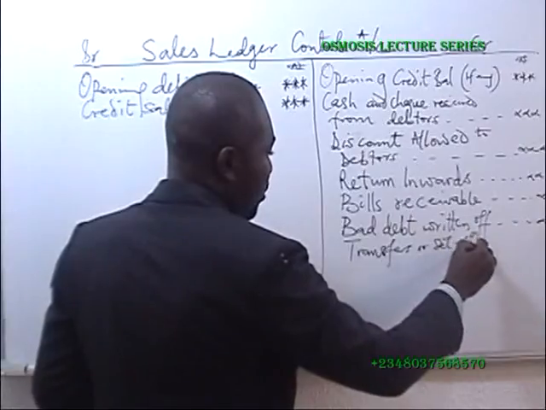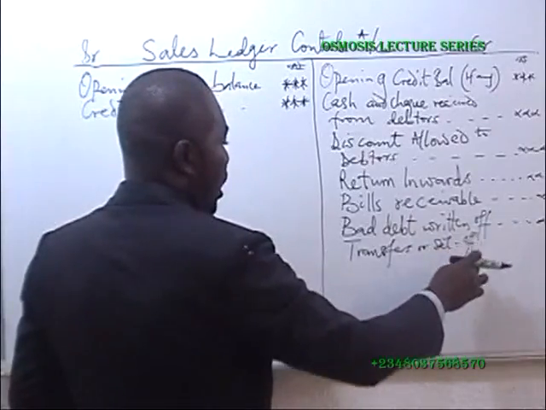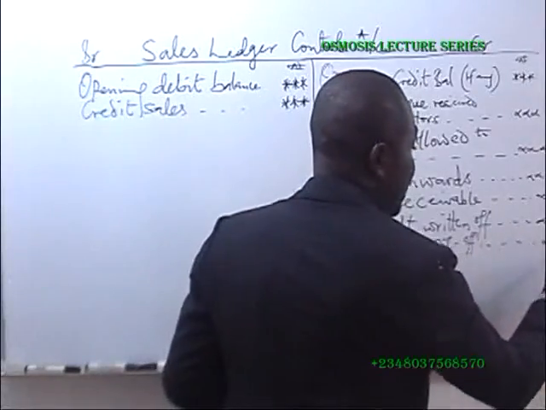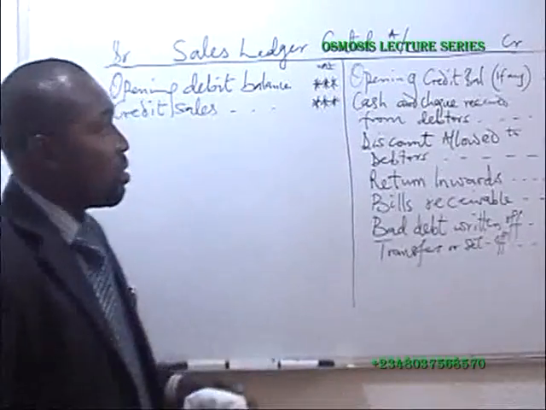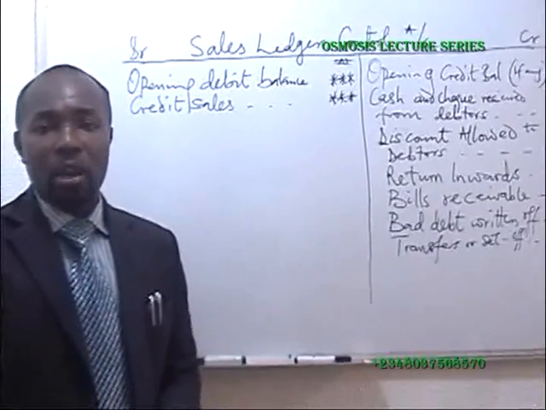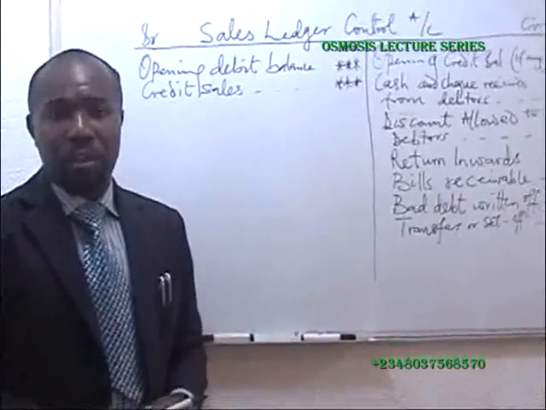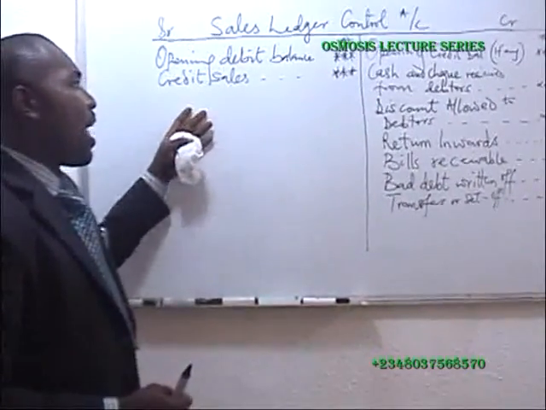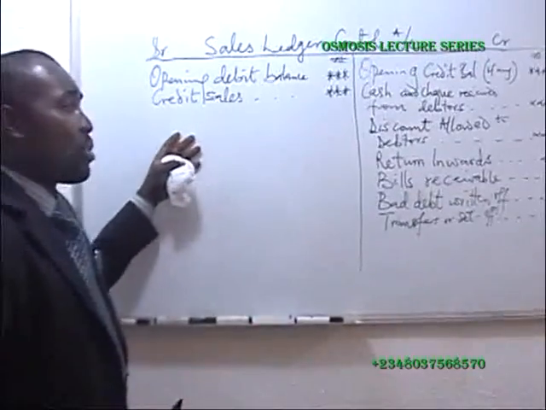Other items as they appear, you just have to explain, know where they belong, and put them there. Now, if you look on this side, there are other items that could appear here.